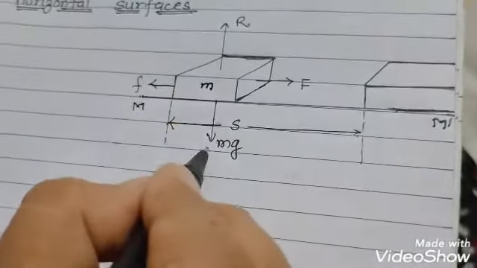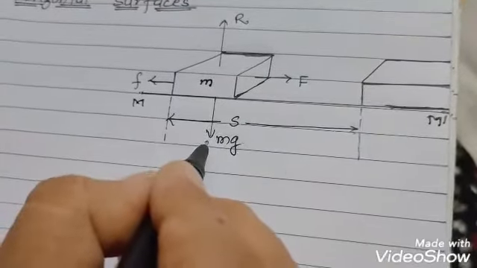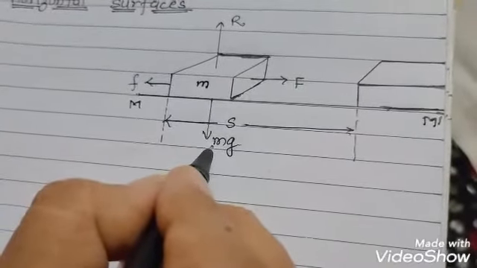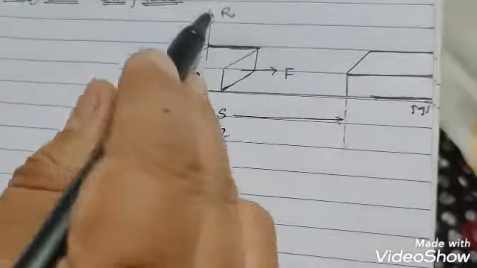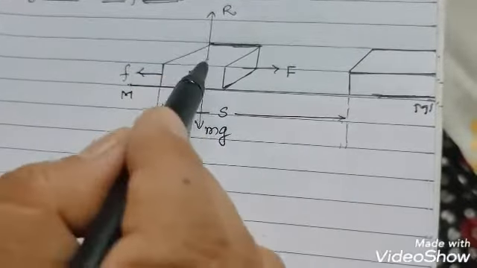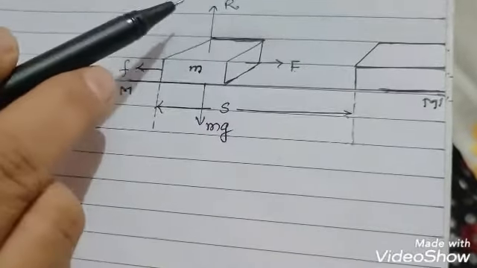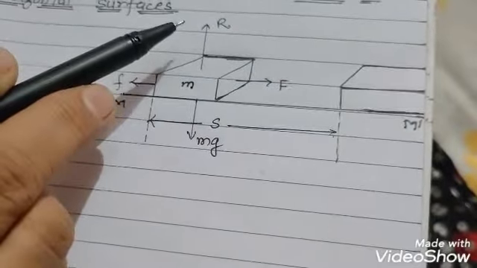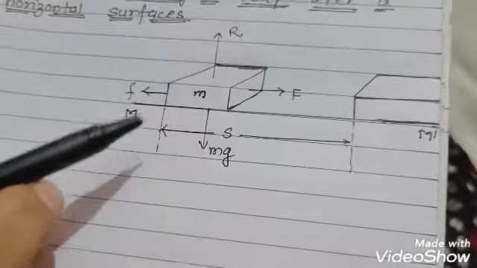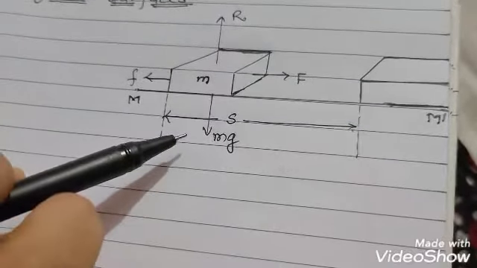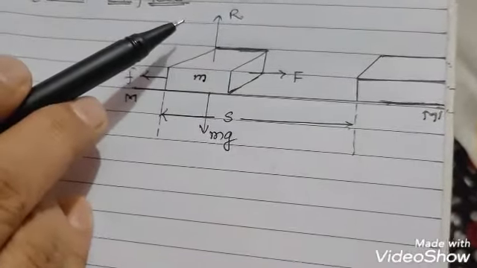So the weight of the block is mg, and the normal reaction is working perpendicular to the surface, that is R. So the normal reaction R is balanced by mg, or you can say the mg is balanced by R.